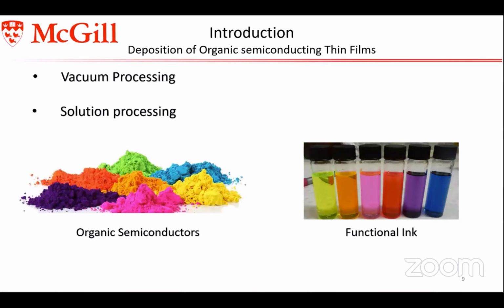On the other hand, in solution processing, these materials are molecularly tailored so that they are soluble in common organic solvents. Once you mix them with common organic hydrocarbon solvents, they dissolve and become a functional ink. The different colors are due to different band gaps of these materials.